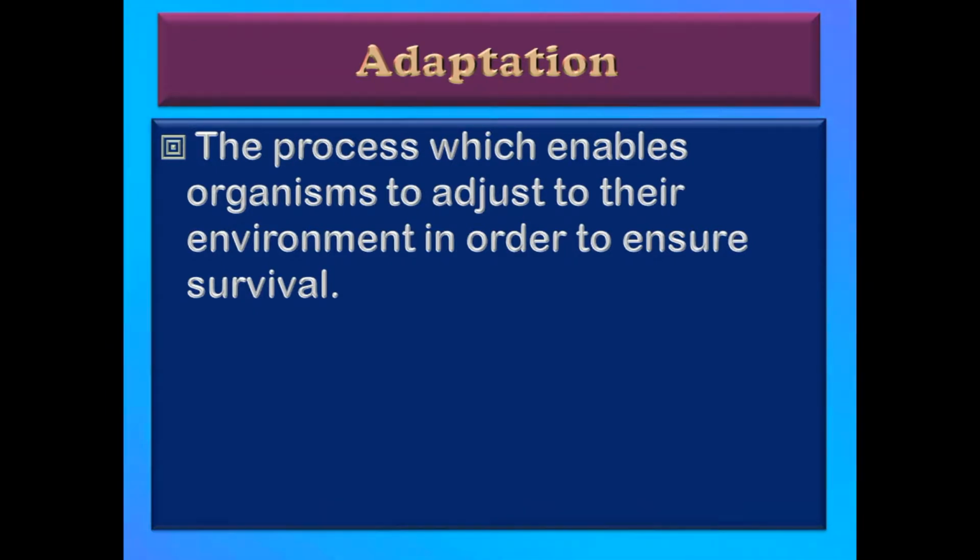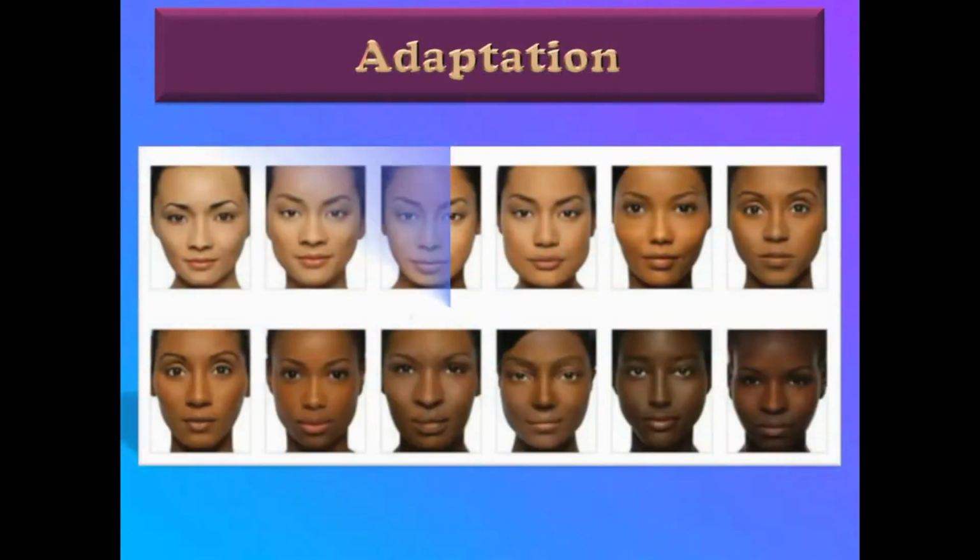So the difference in skin color and texture of hair may all be a result of adaptation. One example is melanin, a pigment protein, which imparts color to the skin.